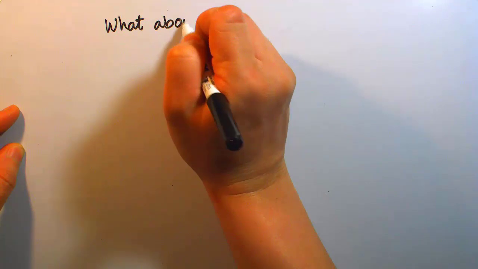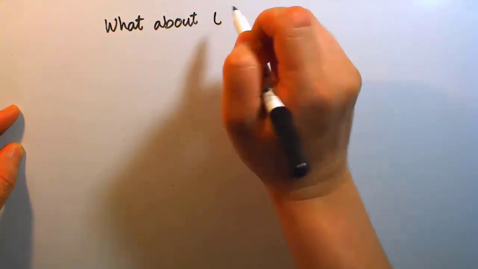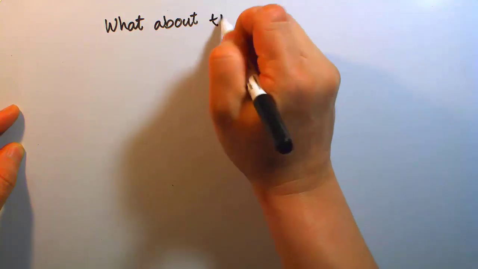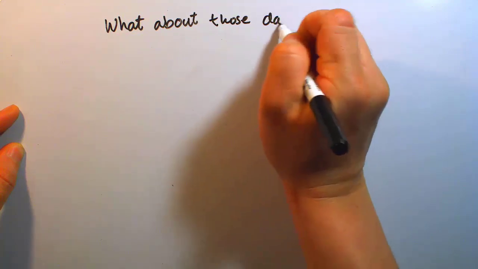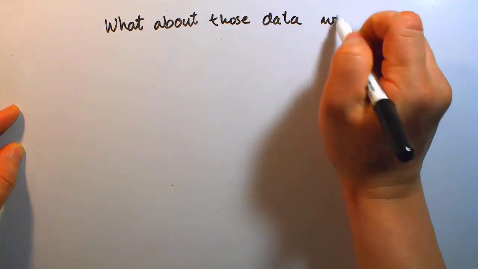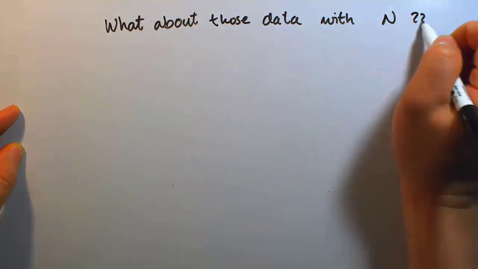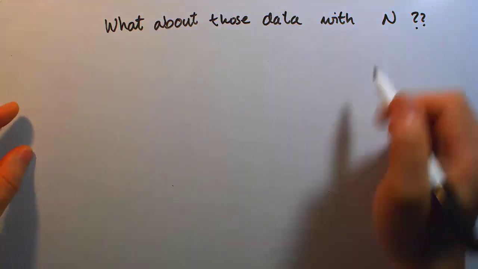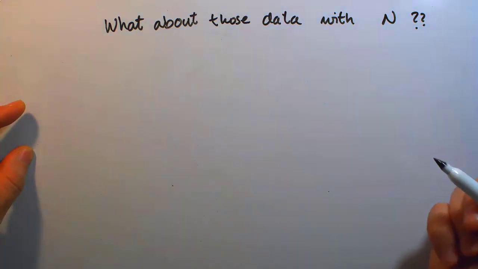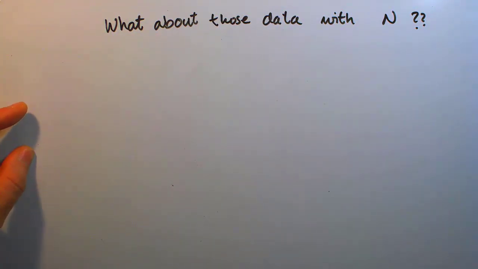At this point, after studying carefully all about the population data, we start asking ourselves, what about those data with an n count? Let's say think of your data 1, it has an n count of 40. Think of some other data set that has an n count.